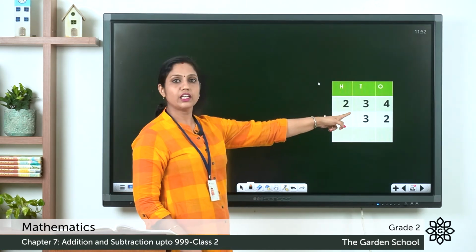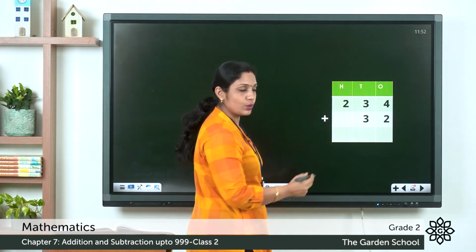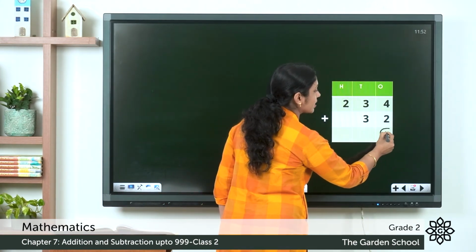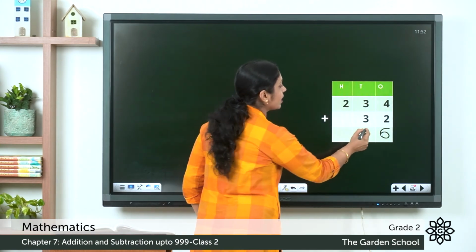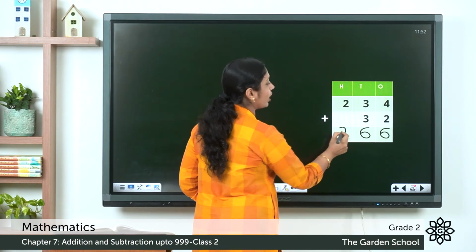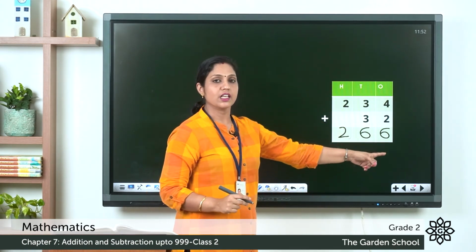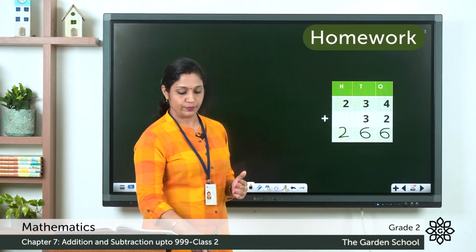So 234 plus 32. So how we'll do it? 4 plus 2, 6. Write that 6 in the ones place. Tens place we have 3 plus 3, again 6. And in the hundreds place we have 2. Write it here, and you got the answer 266. So likewise, you have to write all the questions and do it in your notebook.